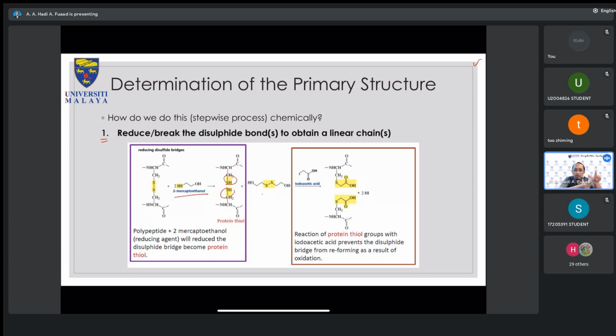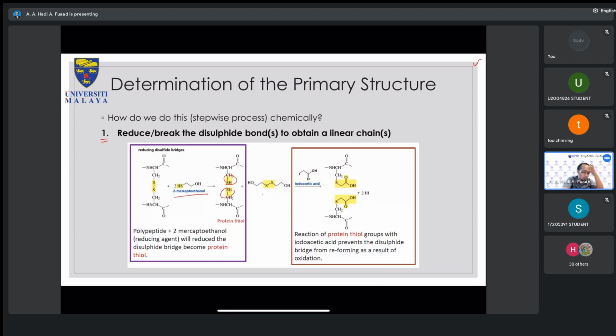One is you increase the amount of mercaptoethanol in your solution so that it always stops the disulfide bond from forming while you continue on with your analysis, not synthesis, your analysis.